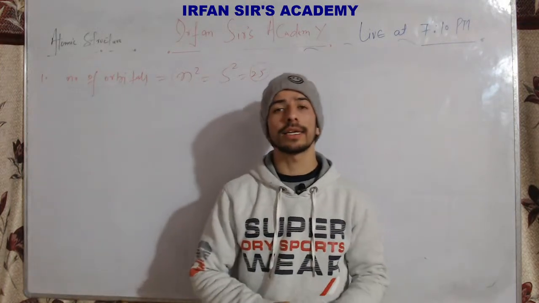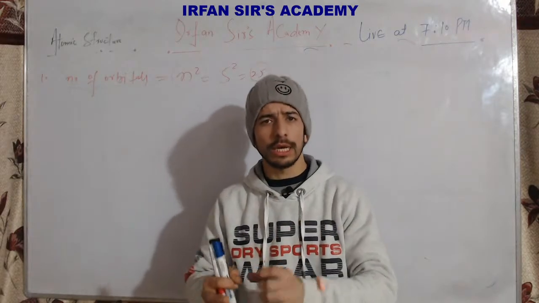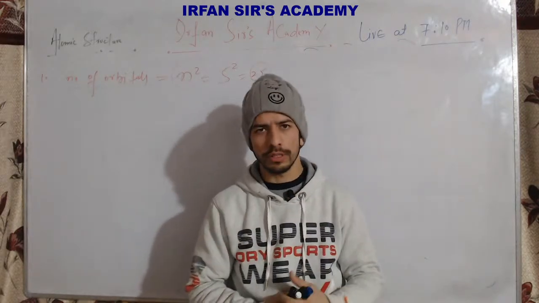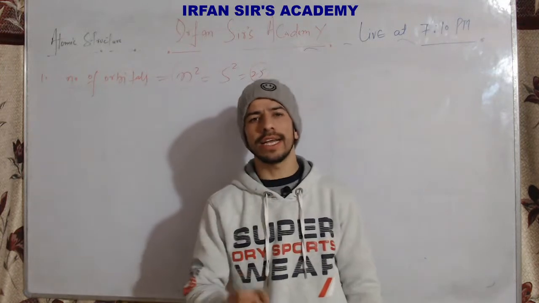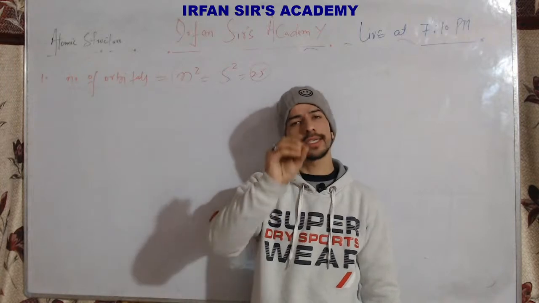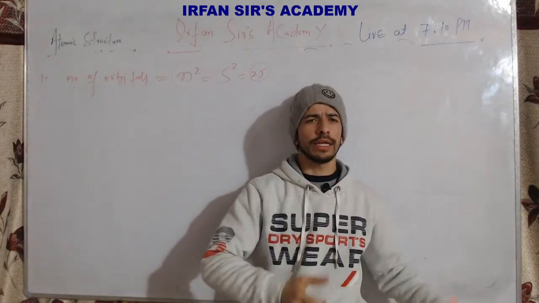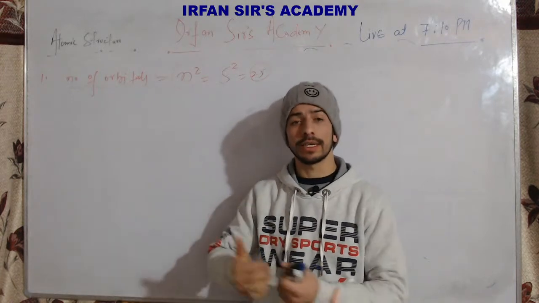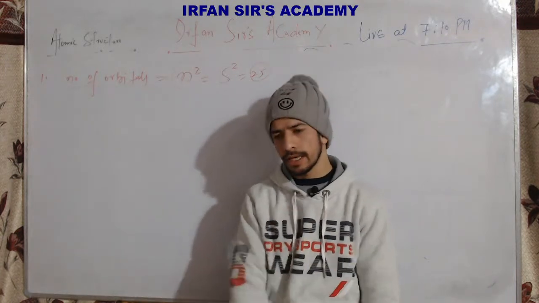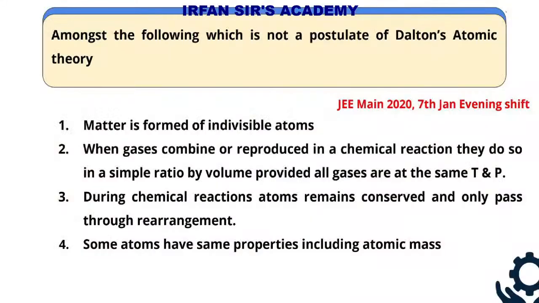It means Dalton's atomic theory explains all the laws of chemical combination by mass, not by volumes. Dalton also tells that it's a whole atom which takes part in a chemical reaction, and there is a rearrangement of atoms. So it means option number 2. When gases combine or are produced in a chemical reaction, they do so in a simple whole number ratio.